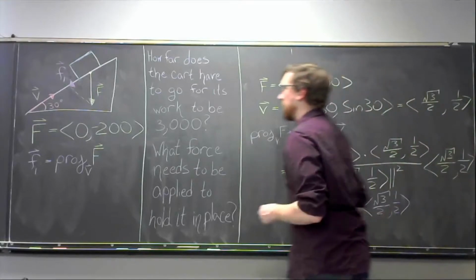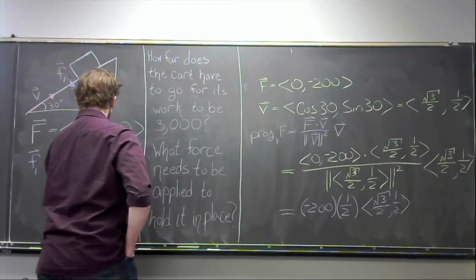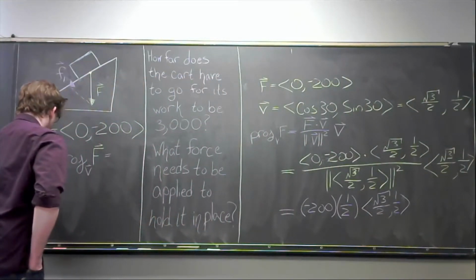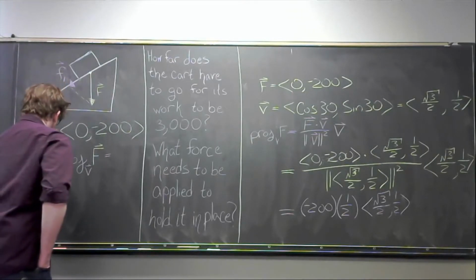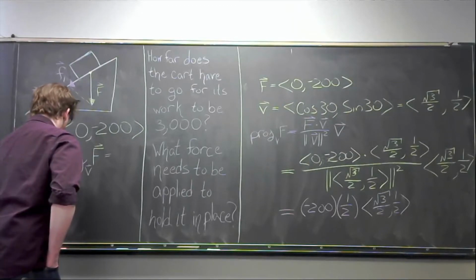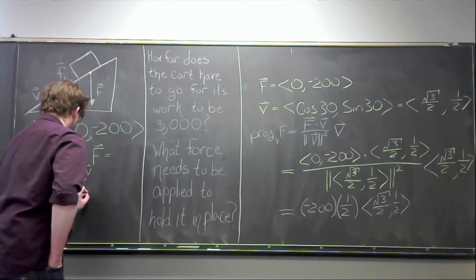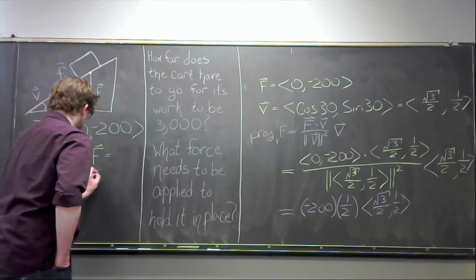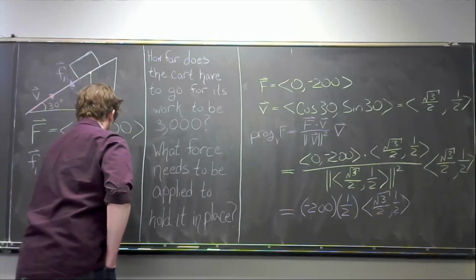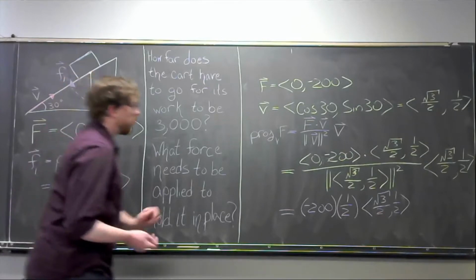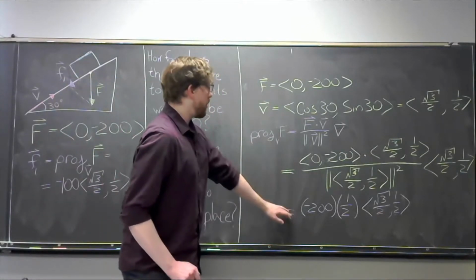I'll write that over here, which is going to be equal to negative 100 times square root of 3 over 2, comma 1/2. So that's what we just found F1 to be, right?